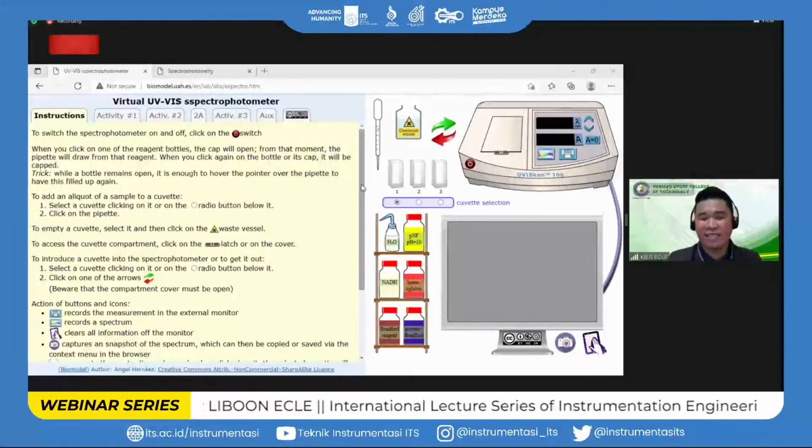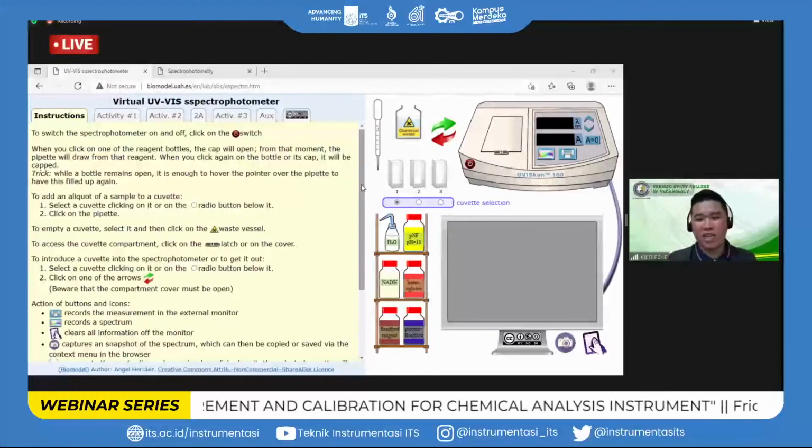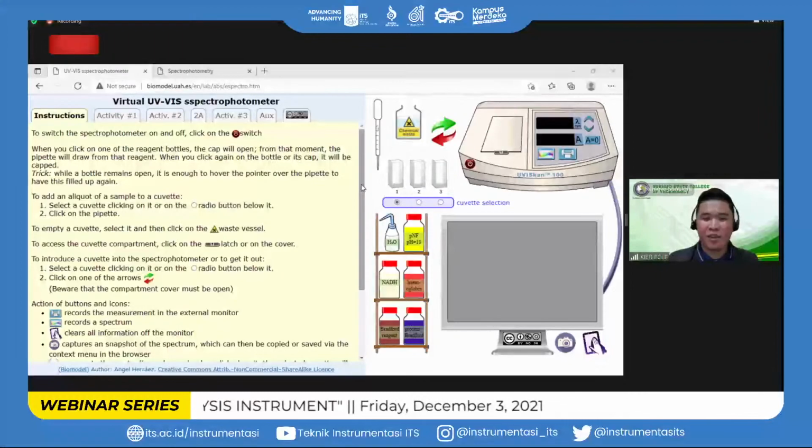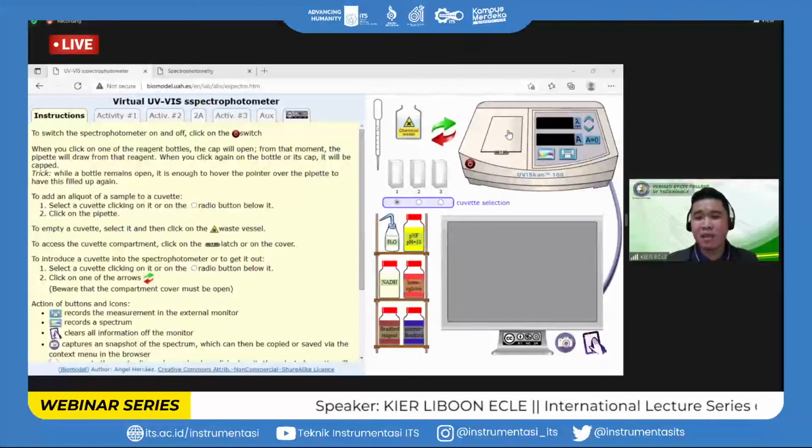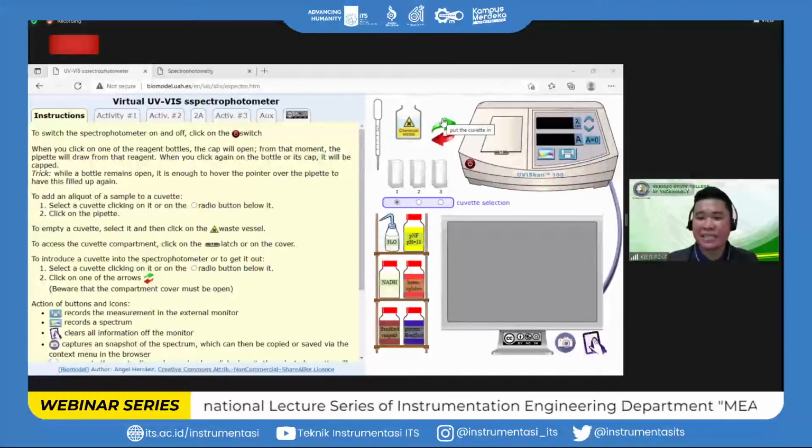The first thing that you need to get from this instrument is the spectrum. You need to get the lambda maxima in order for you to set the lambda max for the sample that you will use, in order for you to get the absorbance of each sample using the lambda maxima.